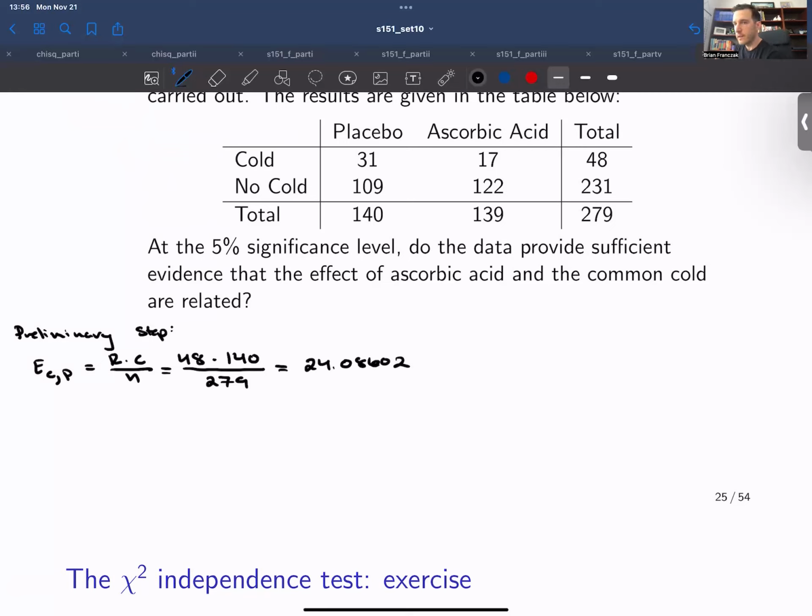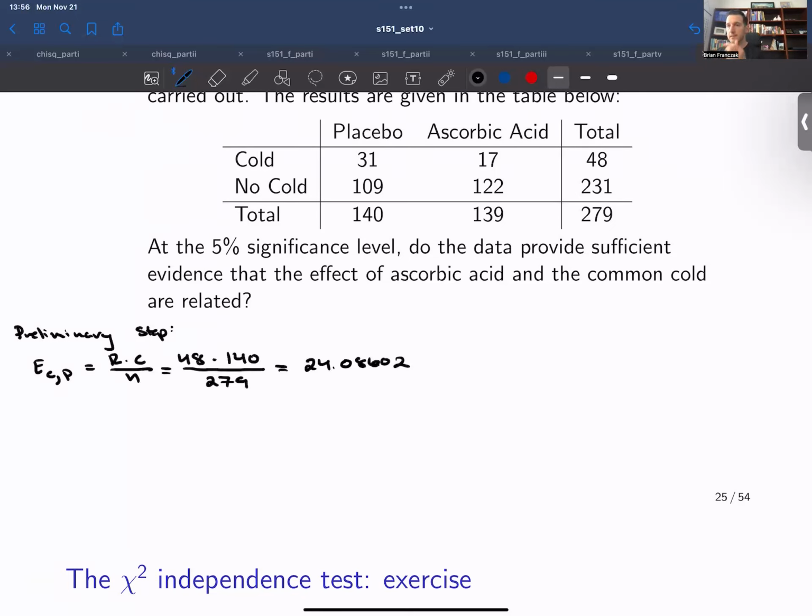So basically what we're saying here is if having the common cold or not and taking ascorbic acid are independent, so if they are not related, we would expect about 24 of the 279 people to say that they have a common cold if they took a placebo.